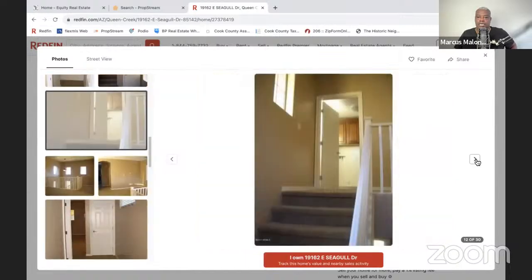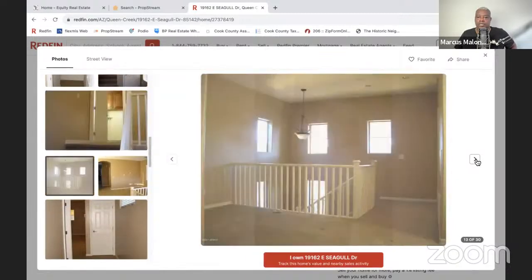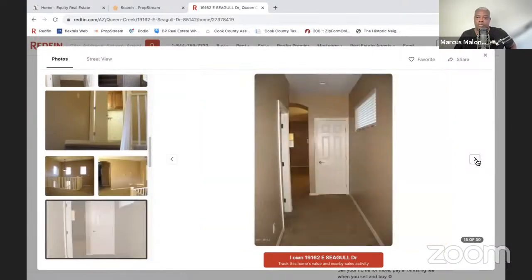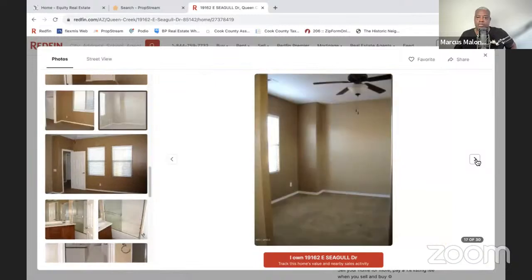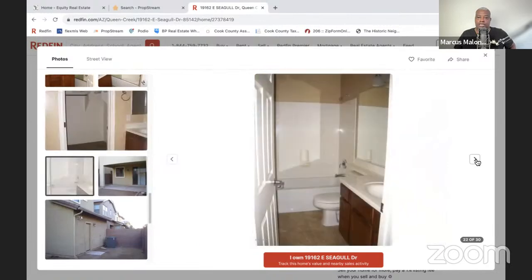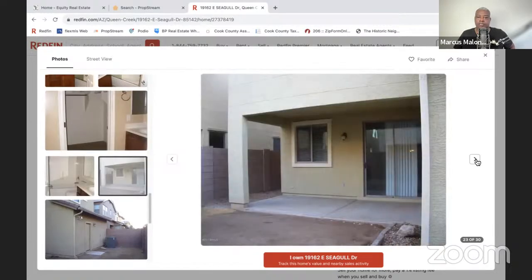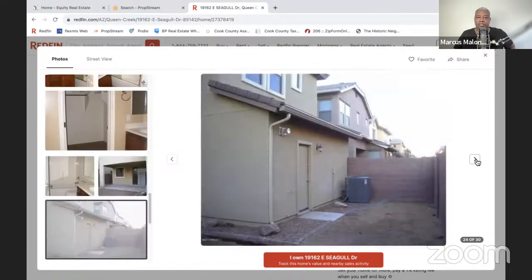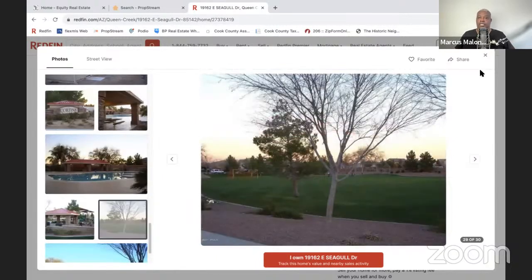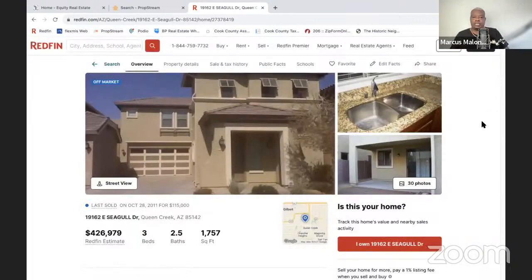Looks like a clean home. Somewhat dated, right? All right, so we looked at that. Okay, so let's look down.